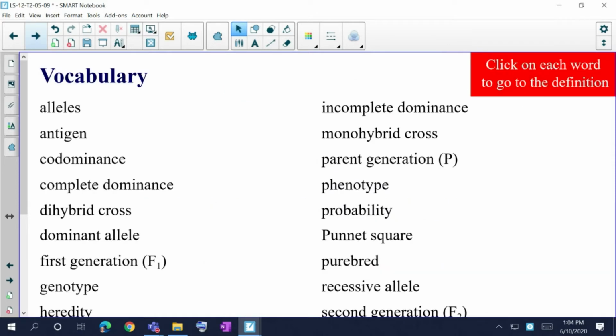Right. To start our lesson, let's look at vocabulary that we will be using within our whole topic. So let me emphasize this. Do not cram the definitions. You won't master what you are supposed to master, especially when it comes to genetics and inheritance.